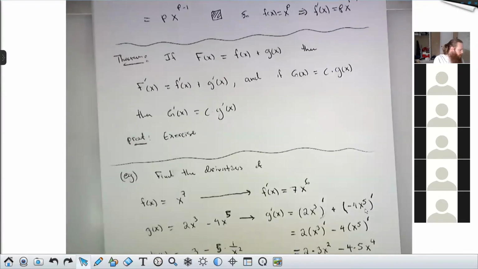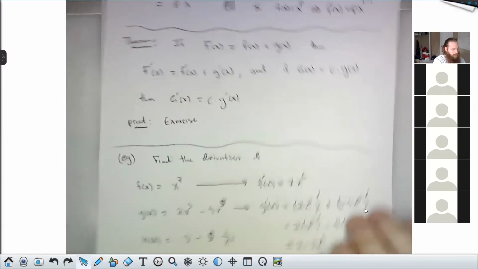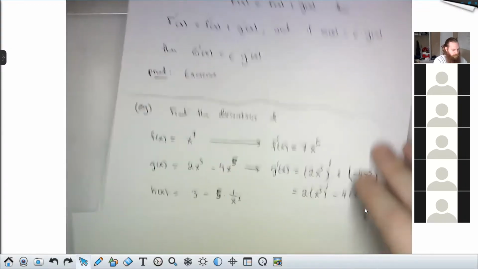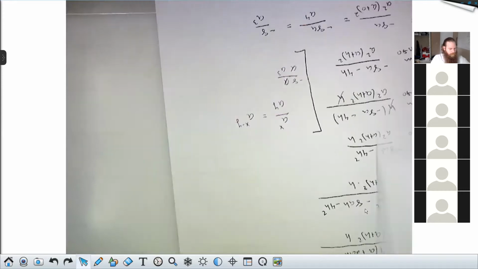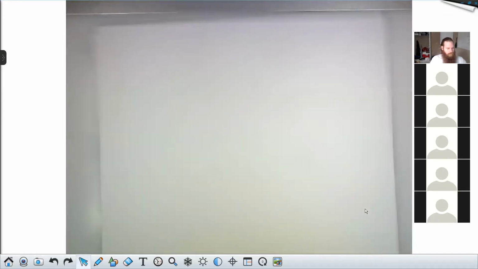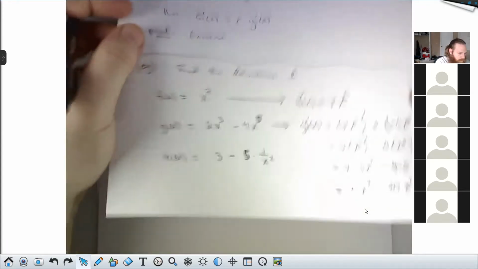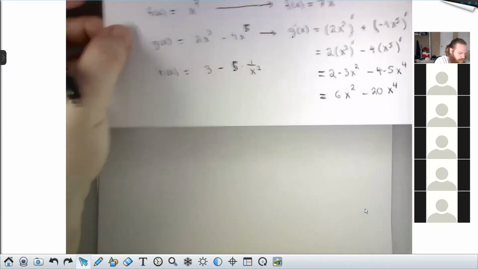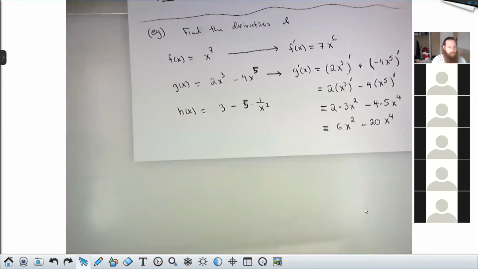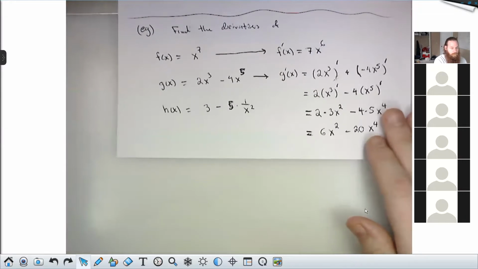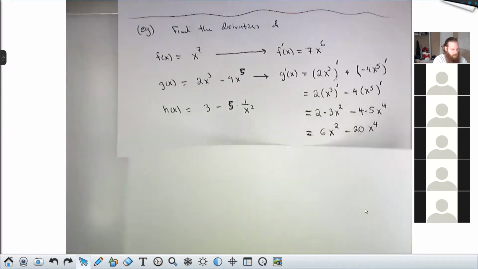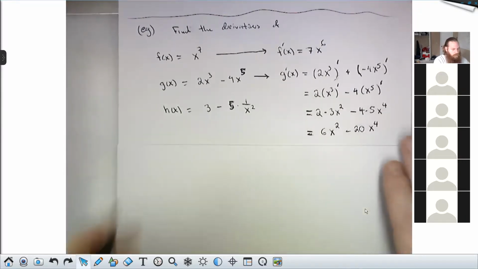All right, let's take a look at this last example here. I'll do him on a separate page. And then there's one last bit of notation I want to introduce after here too.